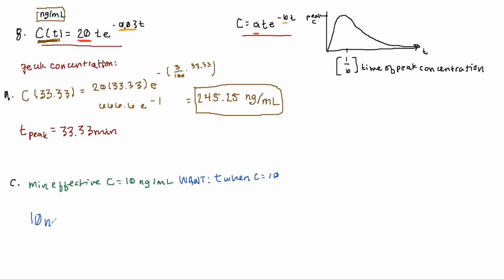So 10 nanograms per mil is going to be 20 times T e to the minus 0.03 T. So it's a question of solving for T. Oh, I see what they want you to do here.